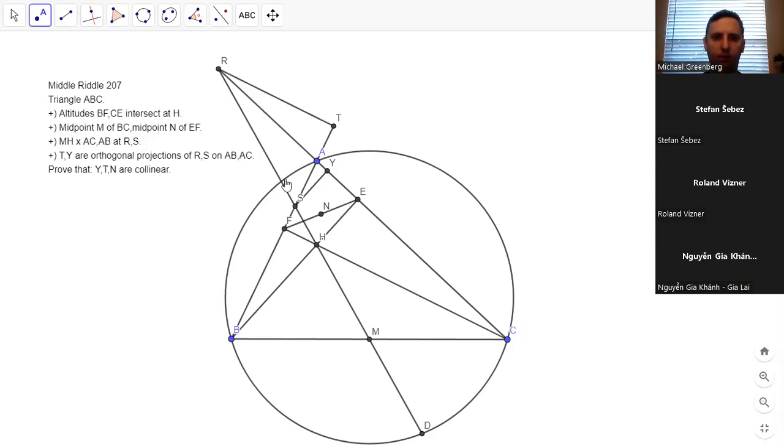We could label this point V. So you know that this is cyclic right here. I'll draw that in. This angle, because they're all 90-degree angles, angle AVH is 90, because it's well known that V is the antipode of A. And we know that MN is perpendicular to EF.